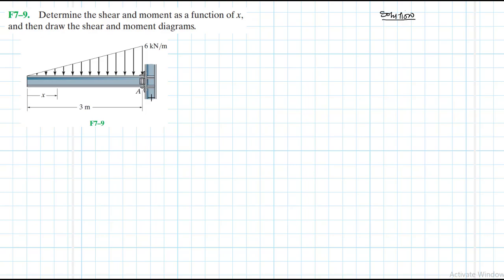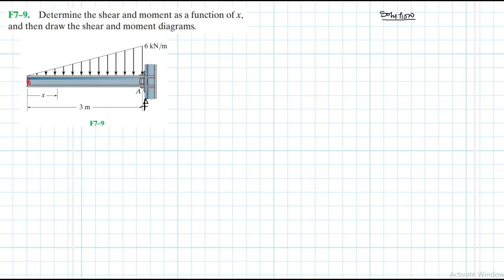And the maximum value is at A. So if I was to call this point B, B has 0 while A has a negative 6 kilonewtons per meter. So quickly, let's draw the free body diagram at A.